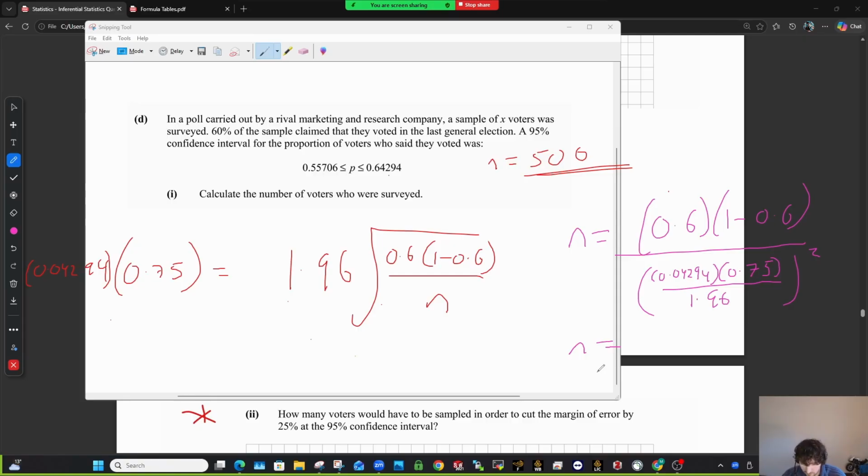I'll show you a quicker way of doing it if you're pretty smart with your ratios. 0.04294 multiplied by 0.75 over 1.96. So then n there works out, again, it's really close to the value it wants to be. It's 88.95, so you're going to pretty much just call that 889, okay?